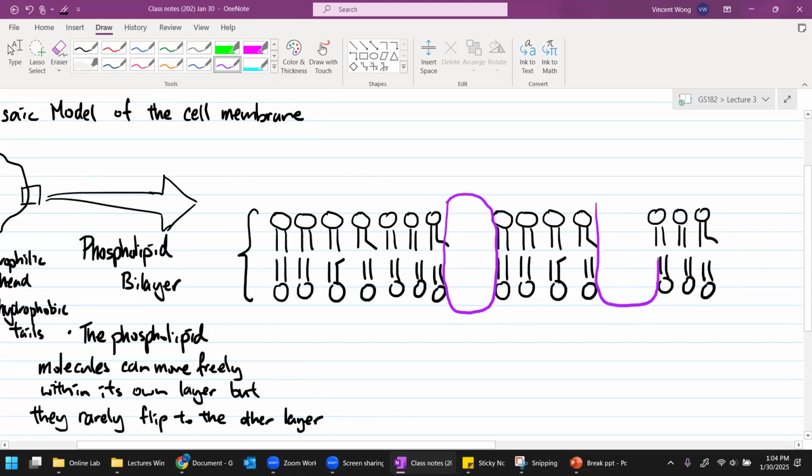Keep this in mind when you're doing the lab next week. So we have proteins that go through the entire membrane, and we have proteins that just attach on one side of the membrane. If it's attached on one side, either outside or inside, we call it a peripheral protein.